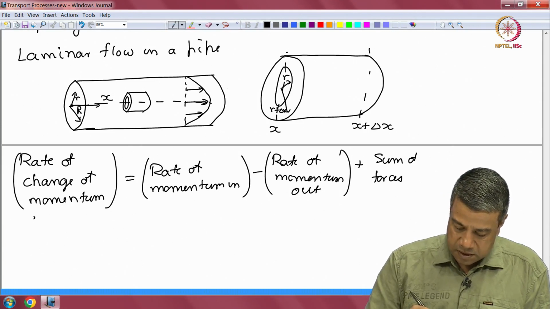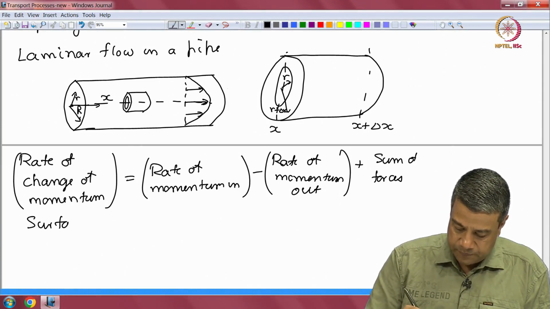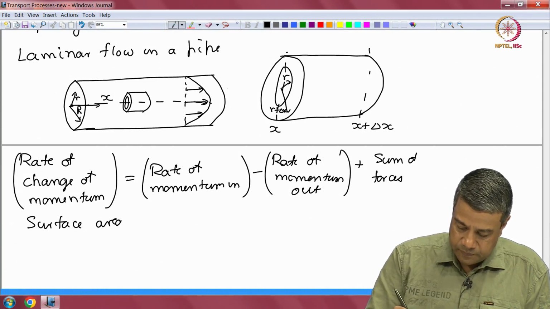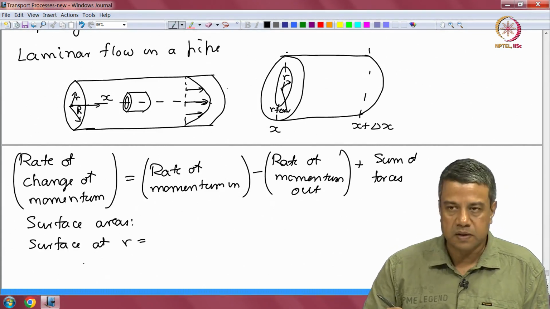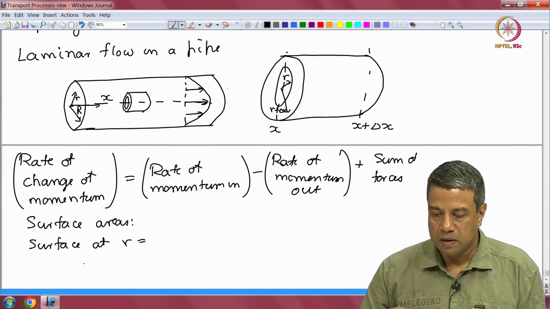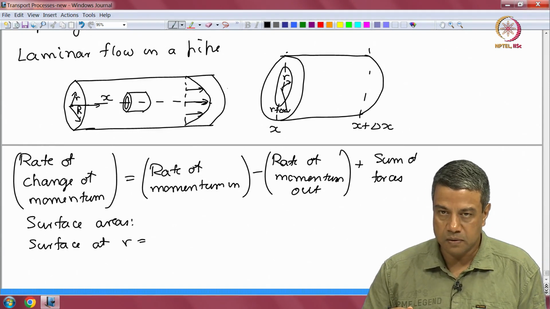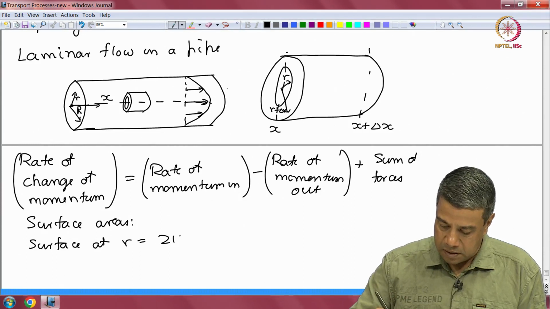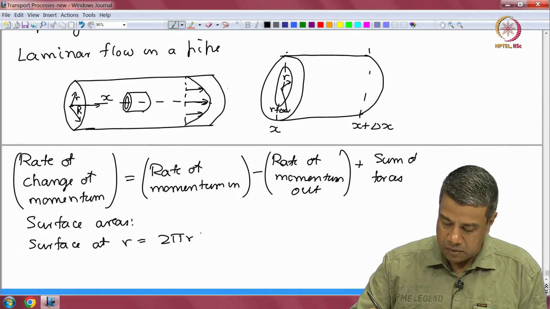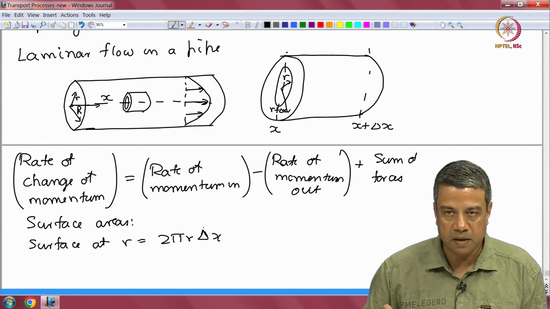So, the surface areas. The surface at r, this is the curved surface area at r, is going to be equal to 2 pi r into delta x. 2 pi r is the perimeter of the circle times delta x is the length.